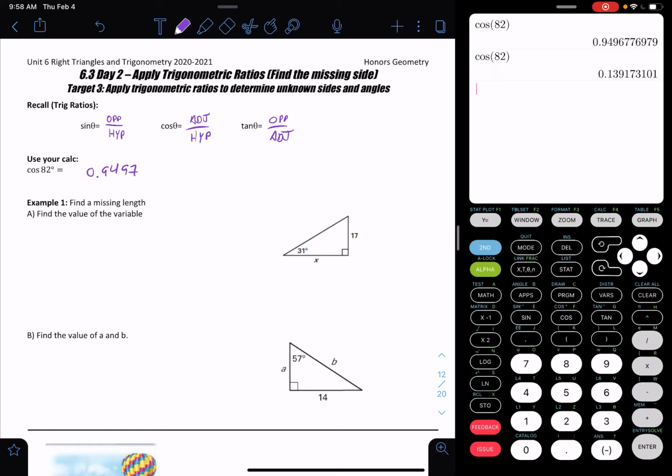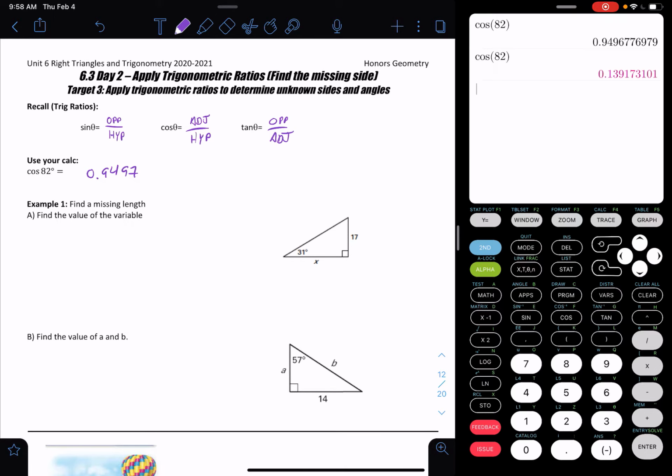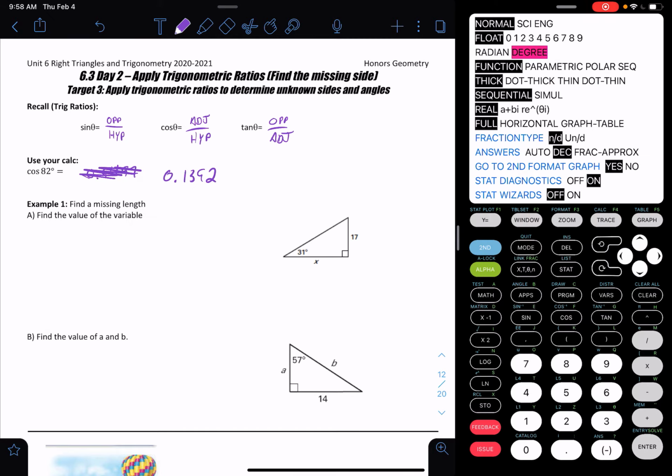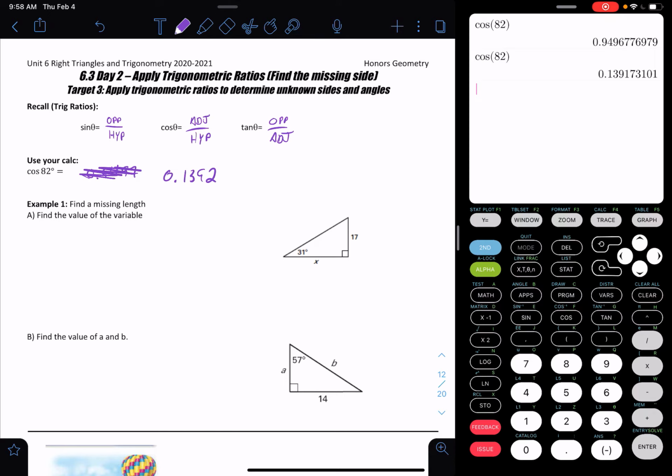Now this second answer, that's what I'm going to want. So I'm going to cross this out. Cosine of 82 should give me 0.1392. Okay, so that's just to make sure our calculator is in the right mode. So again, mode, notice how degree is highlighted. That's what we want. So that is set up now for us to be able to solve these problems.